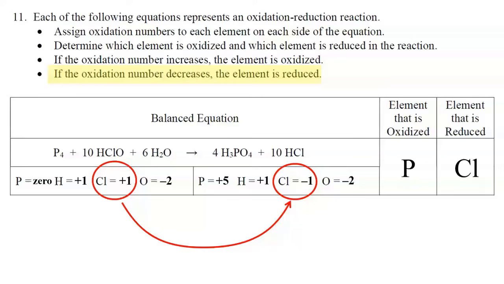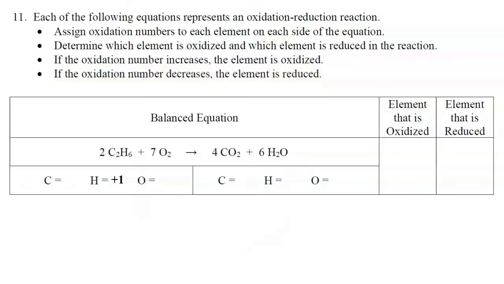In our next example, hydrogen is +1. In the C2H6 compound, carbon would be -3. And then oxygen is in elemental form, so it's going to be 0. On the other side of the equation, hydrogen is +1. Oxygen is -2.